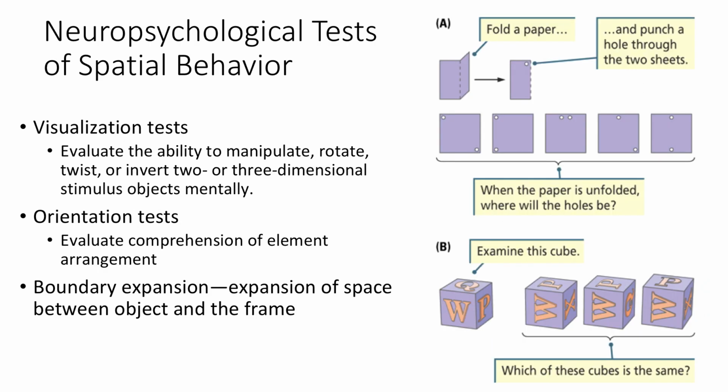Okay, so tests used for measuring human spatial abilities can vary from tests of real-world spatial abilities to virtual tests or even computer simulations of spatial tasks. So visualization tests evaluate the ability to manipulate, rotate, twist, or invert 2- or 3-dimensional stimulus objects mentally.